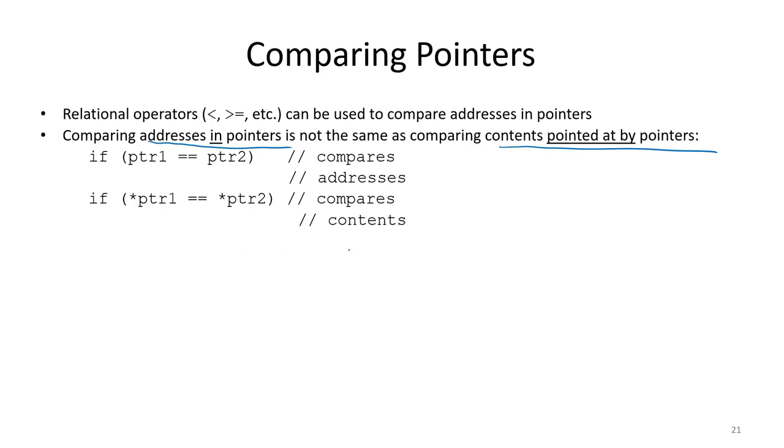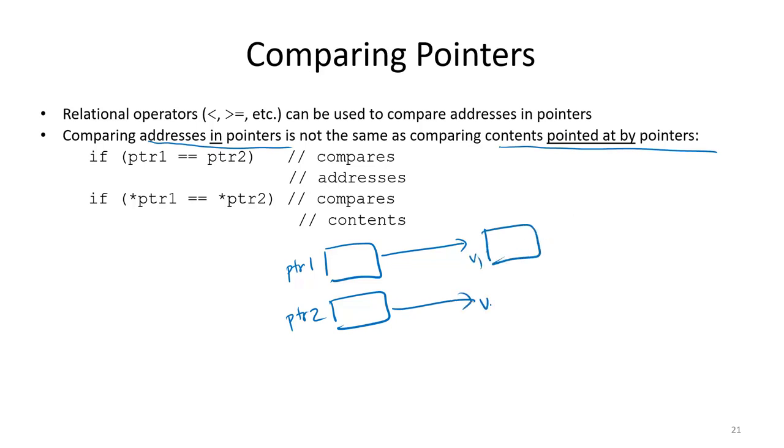So one way to think about this is if we have like PTR1 and PTR2, and if these pointers are pointing at some variables named V1 and V2, remember a pointer points at the memory address that is being stored inside the pointer itself.